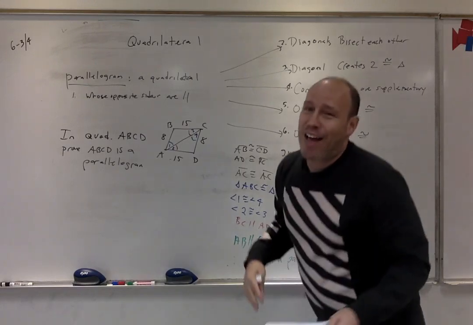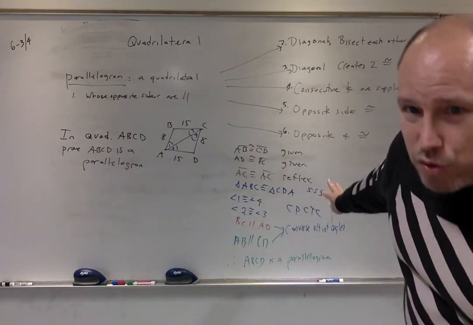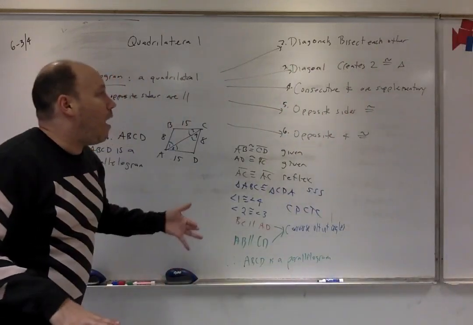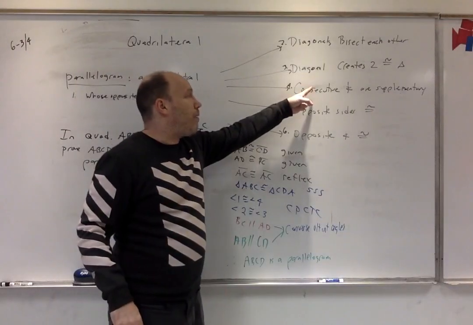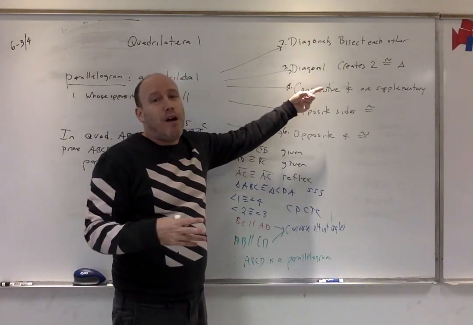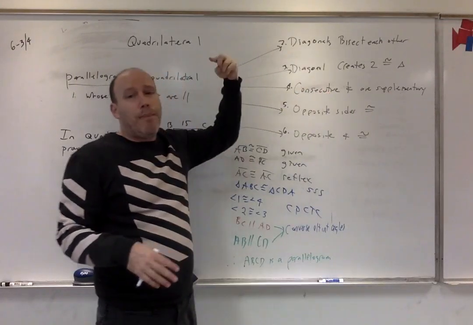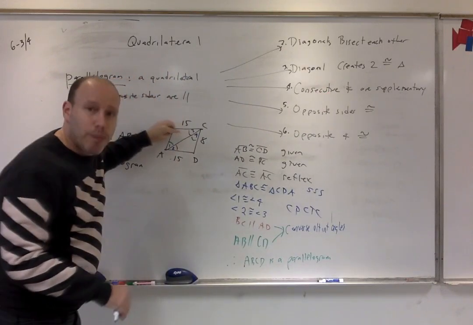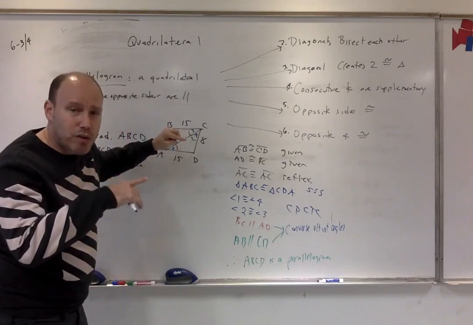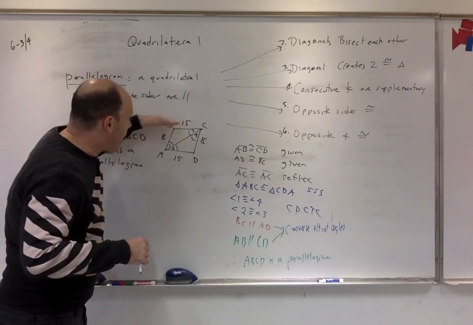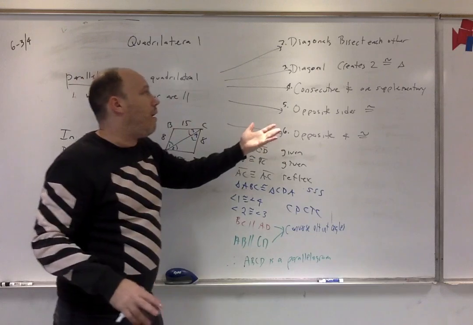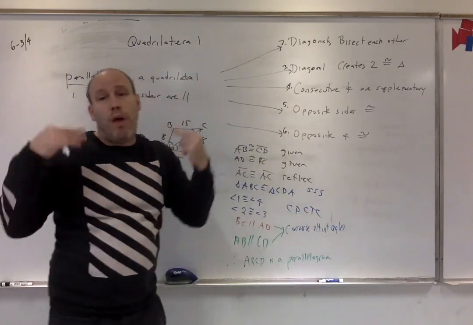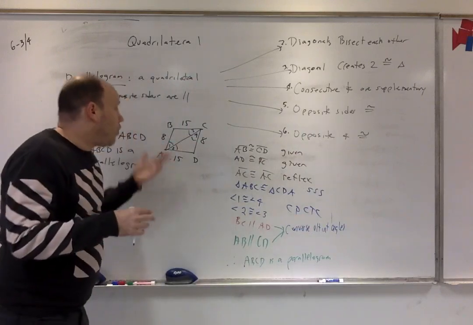Now, once again, you're not responsible for this whole proof. Maybe in the exercises they might say, given the consecutive angles are supplementary. Well, that's easy because if angle A and angle B are supplementary, the converse immediately implies that AD is parallel to BC. They might say, because the opposite angles are congruent, so you would work something out.